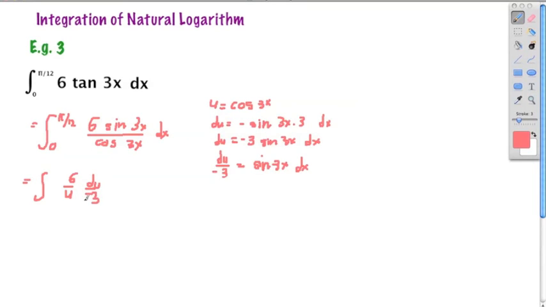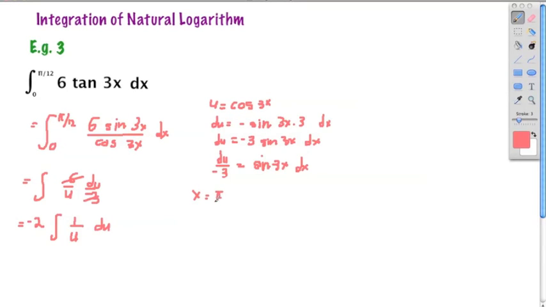I can make some simplification here. I can cancel out negative 3 and 6. It will give me negative 2. I can put it outside. So what's left inside the integration is 1 over u du. But before I forget, I have to change the limit, because now I'm integrating with respect to u, not x.